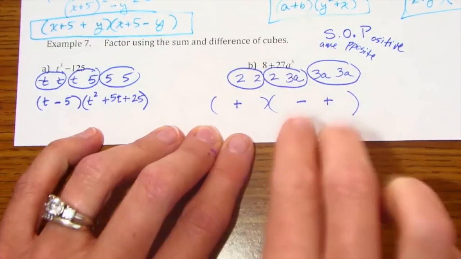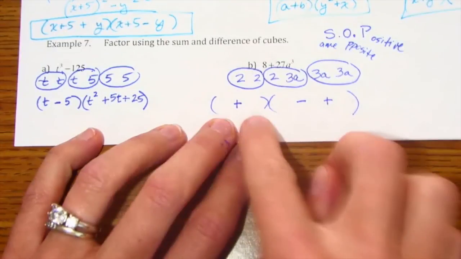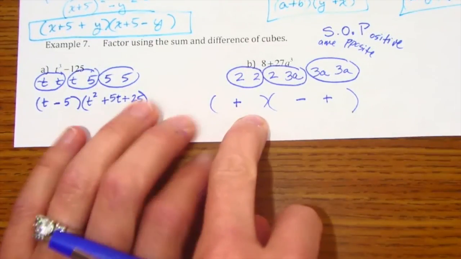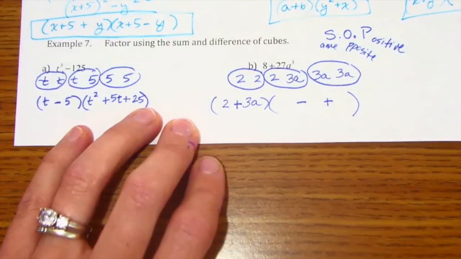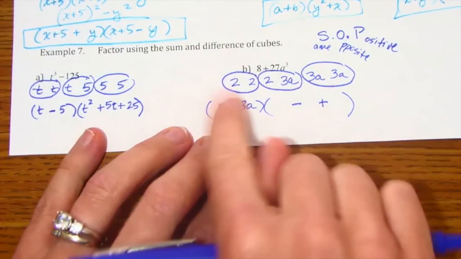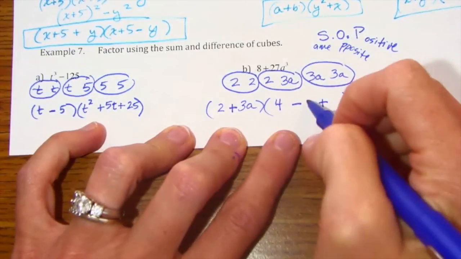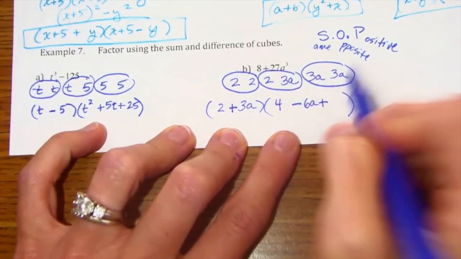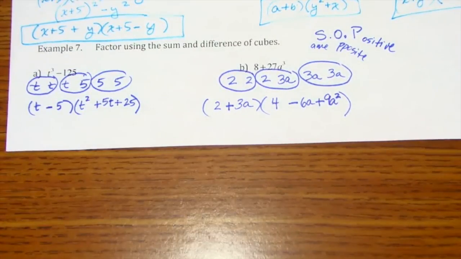Is everybody okay with how to get these signs? And what goes in the binomial? 2 and 3a, so you're just putting your perfect cubes. And then in the trinomial, we're putting the products in each of our paired circles here. So 2 times 2 is 4. 2 times 3a is 6a. And then 3a times 3a is 9a squared. And now you have your factored sum of cubes here.